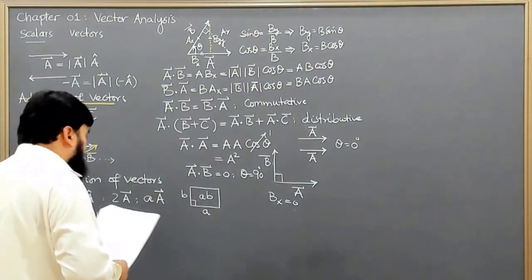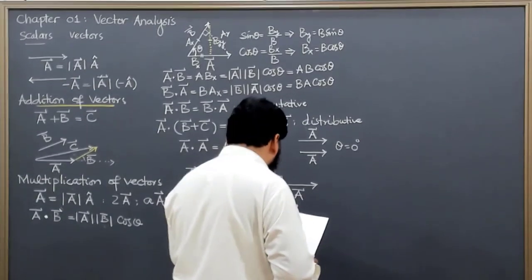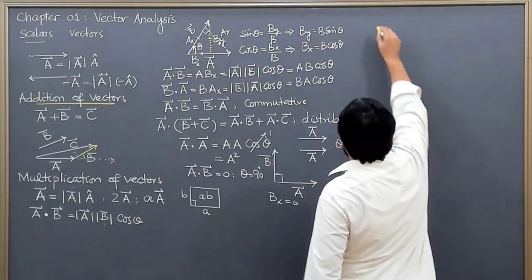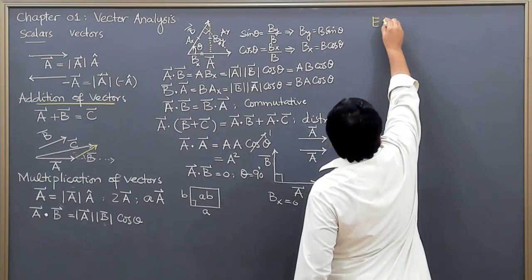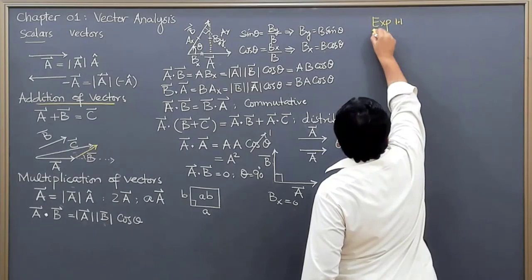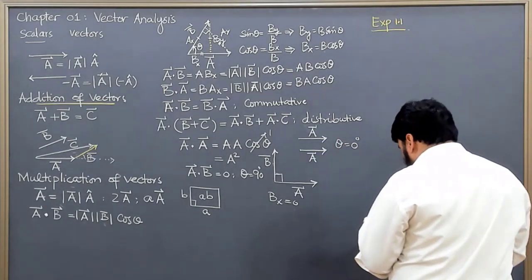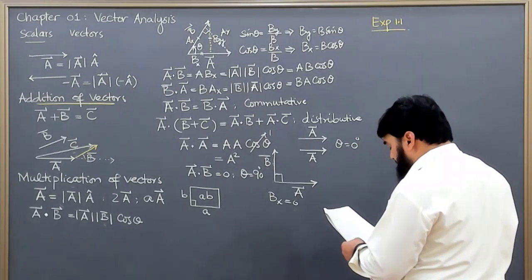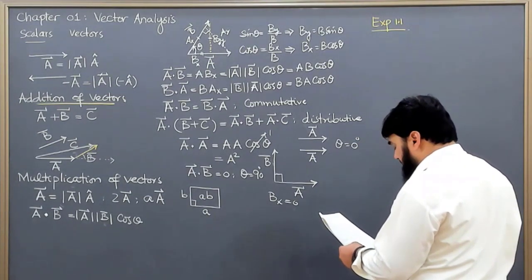So let me solve the example 1.1. Example 1.1 says that let C is equal to A minus B, which is shown in figure.